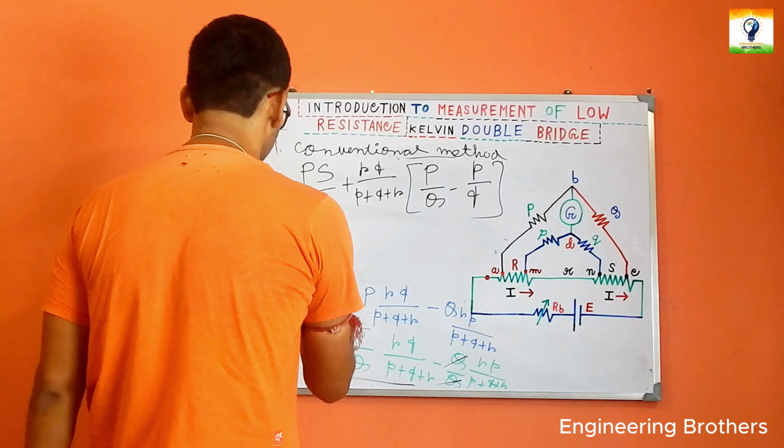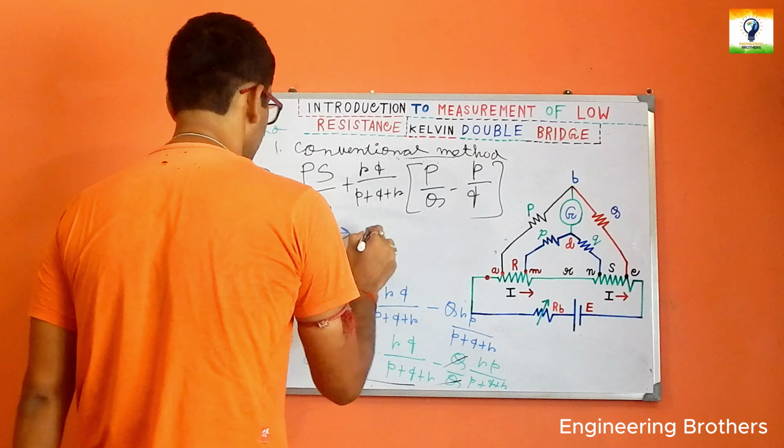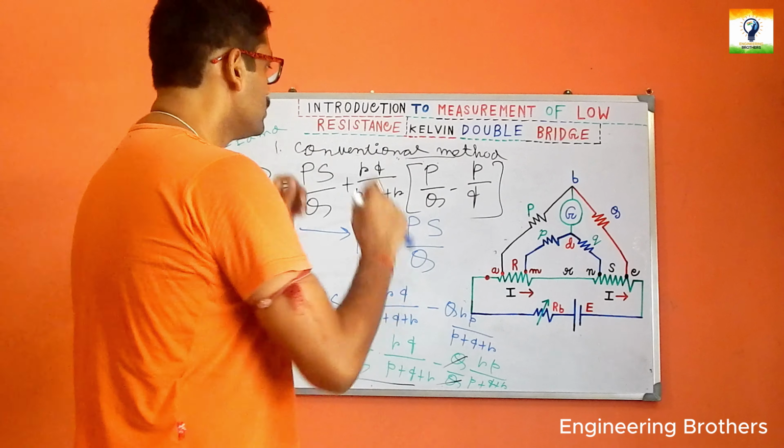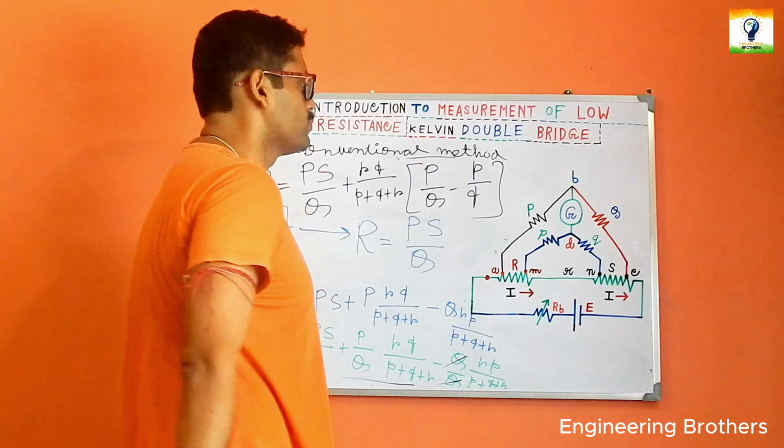If this condition is fulfilled, then ultimately the unknown resistor is finally PS divided by Q, and accordingly we can say that the lead resistor small r is ineffective for our formulation over here. How do I say that? Because if you set the lead resistor small r value as small as possible, then we can neglect this part of our expression.